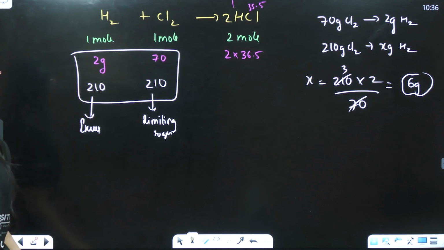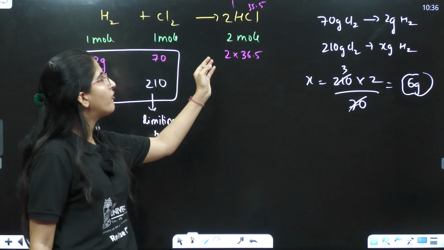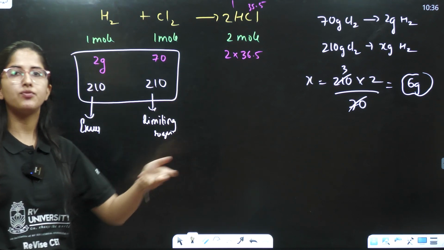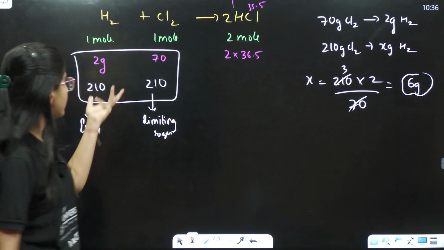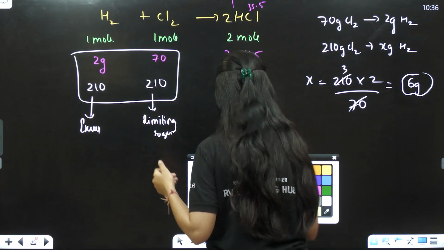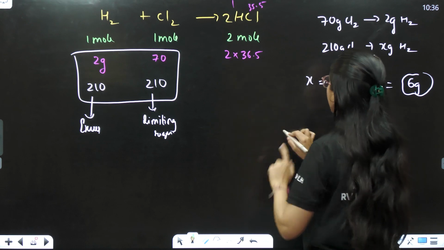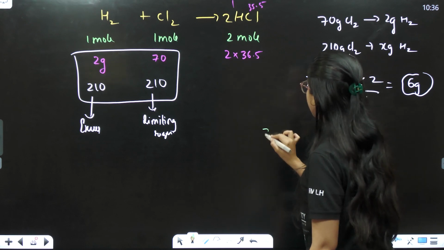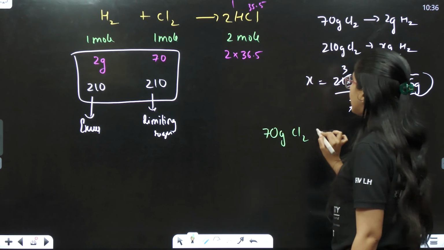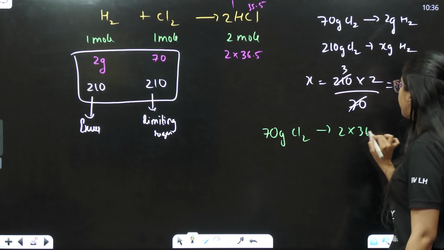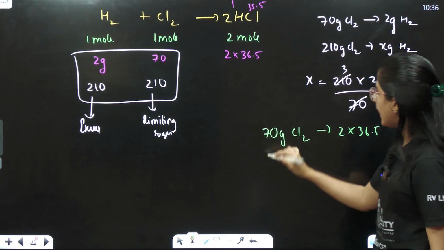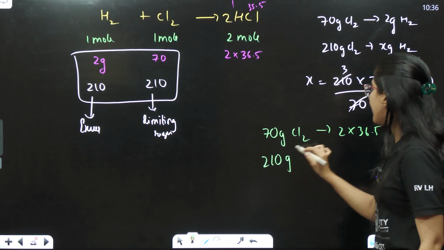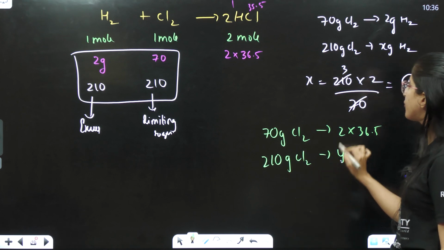Correct? So now how much mass of hydrochloric acid will be obtained? They have asked. So simple. You can do here, see, 70 grams of chlorine will give you 2 into 36.5 grams of HCl. Then your 210 grams of chlorine will give how much HCl?